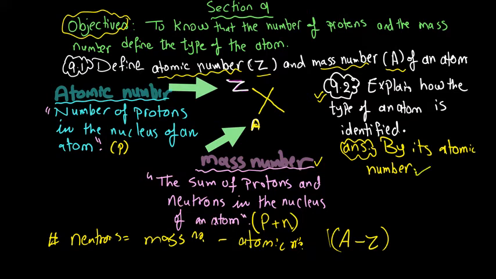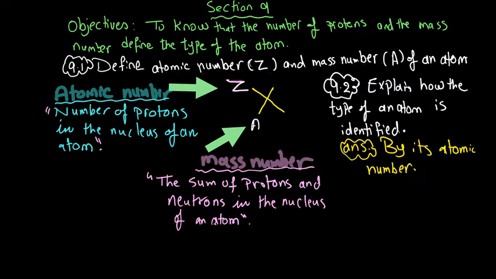So you know that carbon is carbon because it has 6 protons. You know that nitrogen is nitrogen because it has 7 protons. So the number of protons is critical to know the type of the atom. It is not the number of electrons and it is not the number of neutrons. Some atoms may have more or fewer neutrons and some atoms may gain or lose electrons. But the number of protons is the identity of the atom.